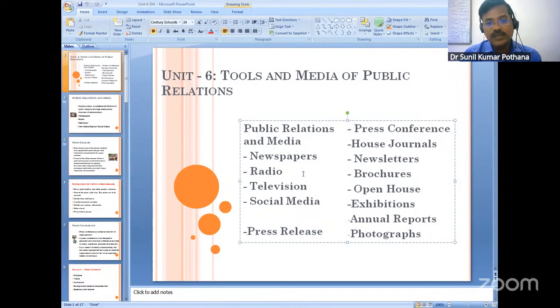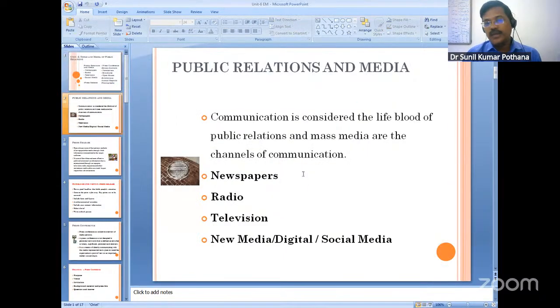Now, another major role of the public relations officer is to prepare press releases, and also to conduct press conferences. Communication is considered the lifeblood of public relations, and mass media are the channels of communication.